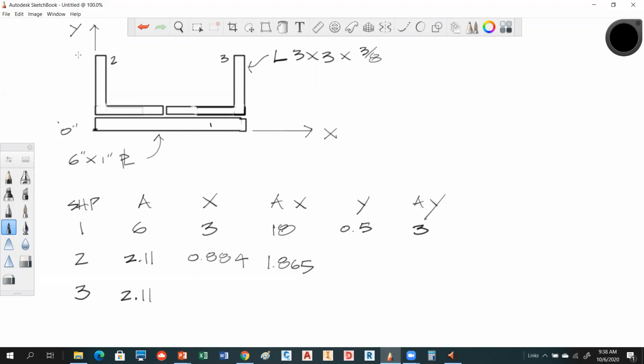If they were not equal legs, you'd have different values for x and y. So we've got 0.884 up, but we're coming from an origin down here, so that's 1 unit plus that 0.884. So y is going to be 1.884. Did everybody see how I got that?